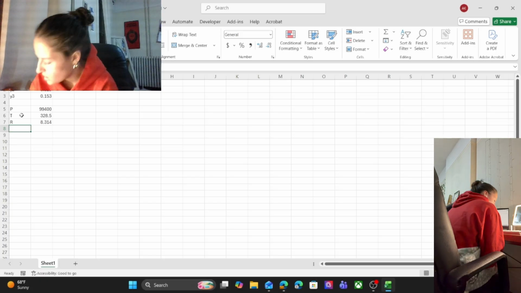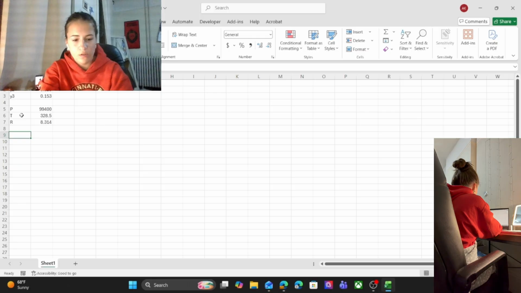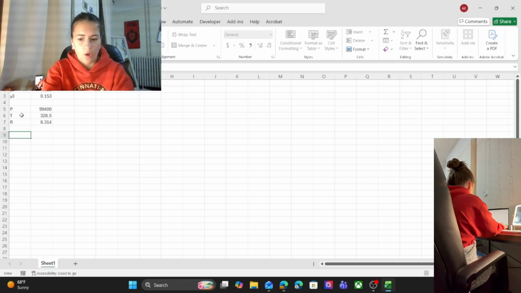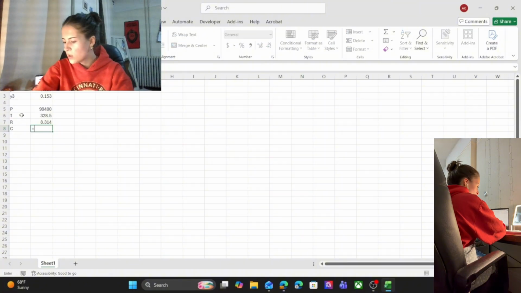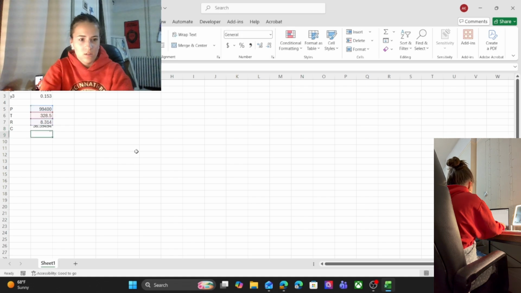All right. And then we can plug in all of our diffusion coefficients. Actually, I'll put C right under this, and we can go ahead and solve for our concentration. So like we defined before, C is that pressure divided by temperature times gas constant. So there's our value for our concentration.